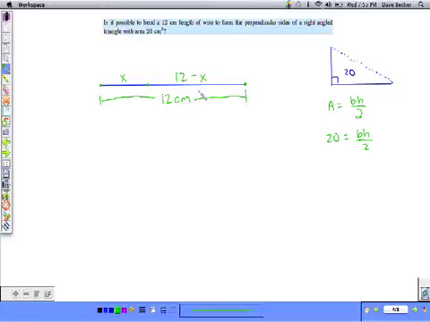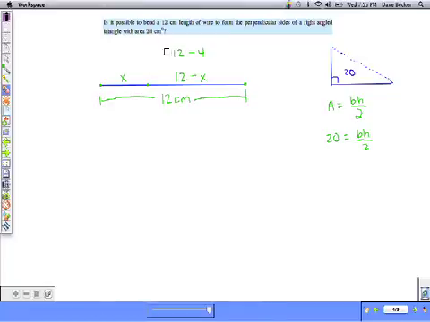Sometimes people have a hard time realizing that. Well, let's put a number in it. Let's say we knew that from here to here was 4. Well, what would be the length from here to here? I don't think any of you would hesitate and say, oh, that's 8, Mr. B. Well, of course it is, but how about if we wrote 8 like this? Isn't it just 12 minus 4? 12 minus 4 is 8. Well, if this is x, then this length is 12 minus x.